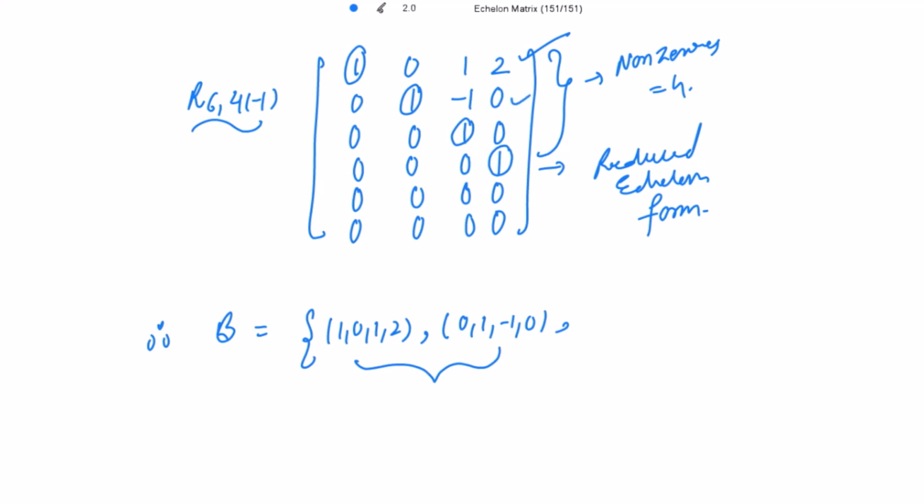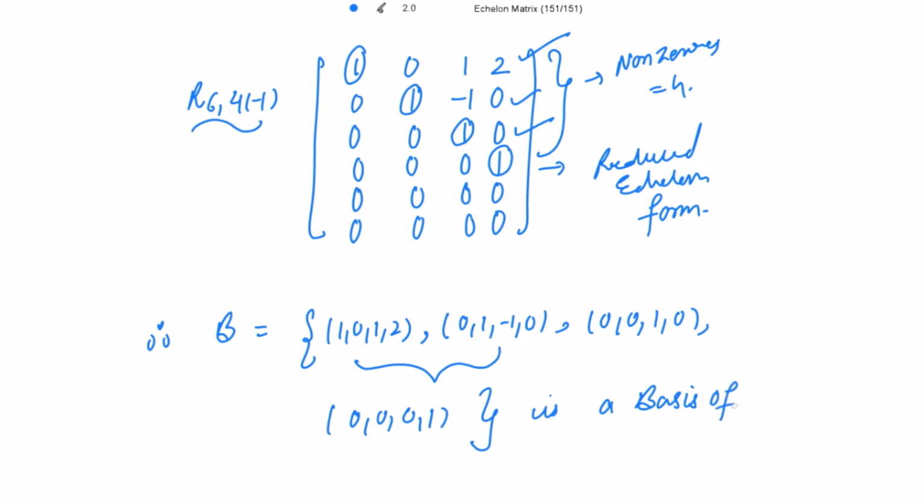Okay, next. From the third row, we have 0, 0, 1, 0, and from the fourth row, 0, 0, 0, 1. So this is a basis of the 4-dimensional vector space, which is an extension of the basis of W. Alright, thank you.